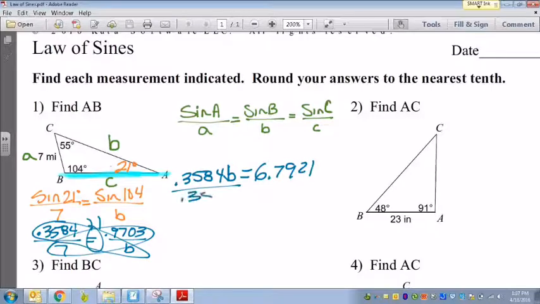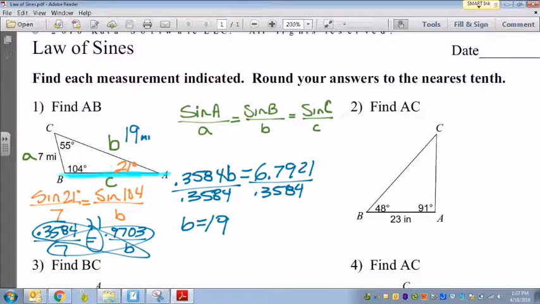And then to get b by itself, we divide by 0.3584, which is going to give me b equals 18.95, which rounds up, so really Mr. Schwant is going to write 19. Okay, so that's our missing side.